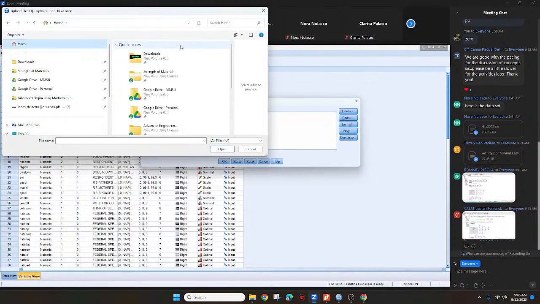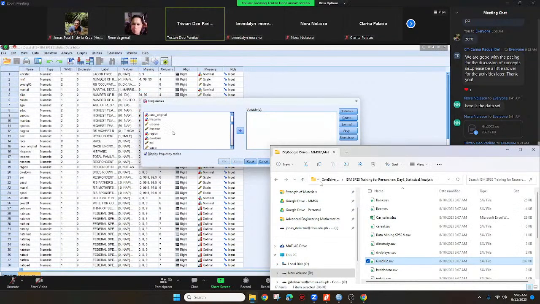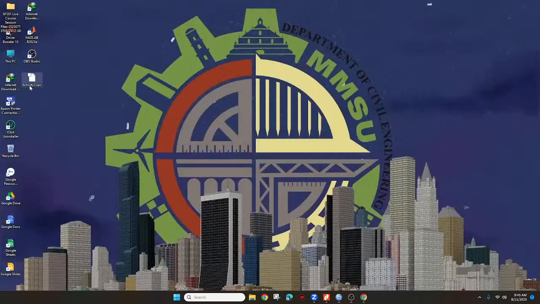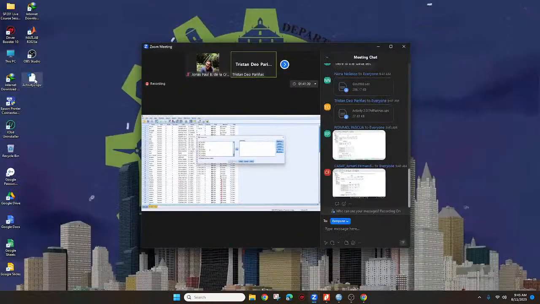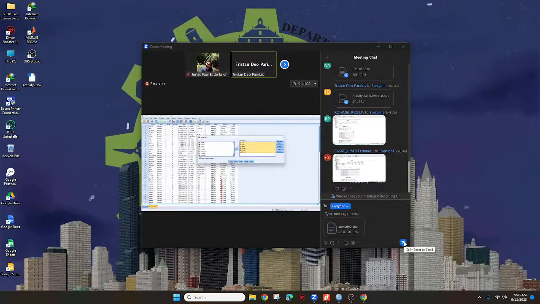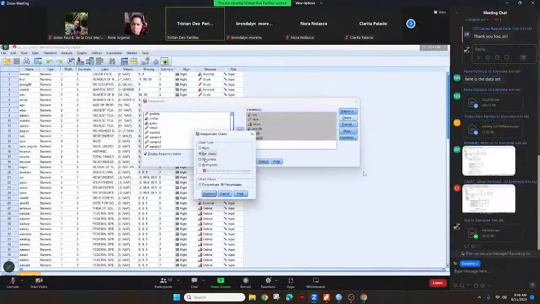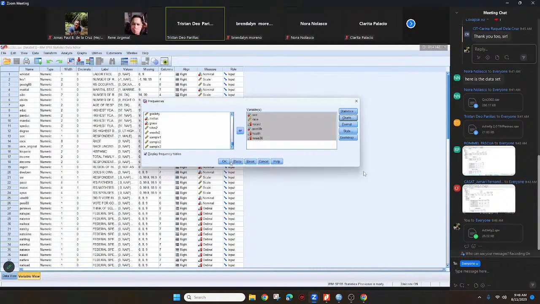And then I have selected, let's put them back: sex, race, not ID, post life, health, news 30, and then put them in the variables box here. Then select chart, select bar chart, percentages, continue, then okay.